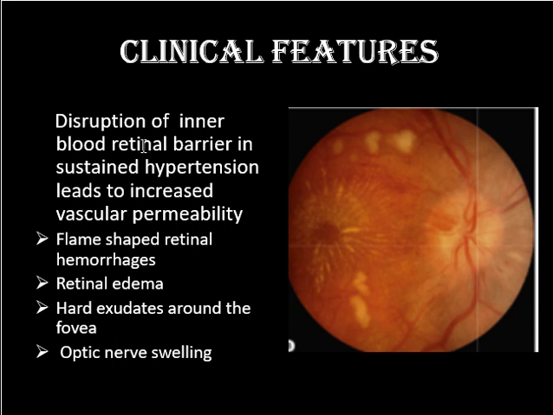The features associated with permeability are flame-shaped hemorrhages and retinal edema. As I told you earlier, there are hard exudates around the fovea. This is very characteristic. The hard exudates around the fovea, because the outer plexiform layer has a space there, so there is increased leakage in that layer, and there is optic disc swelling.